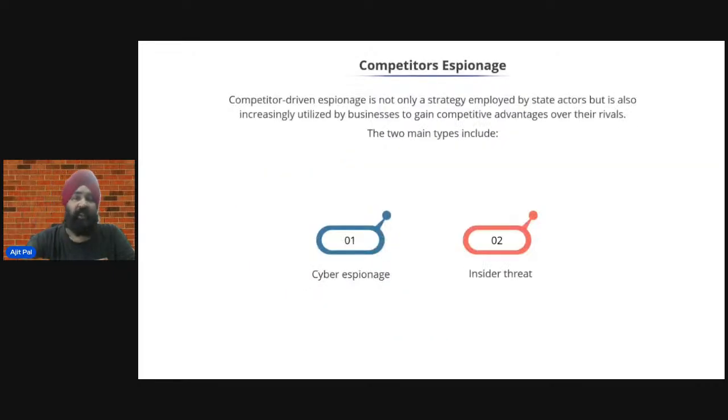So competitor espionage. What is this? In the cybersecurity realm, it is a significant threat where organizations actively target rivals to steal intellectual property, research data, and customer information. I don't know how much true it is, but there was this company called Nortel, if I'm not wrong, and there's another company called Huawei.